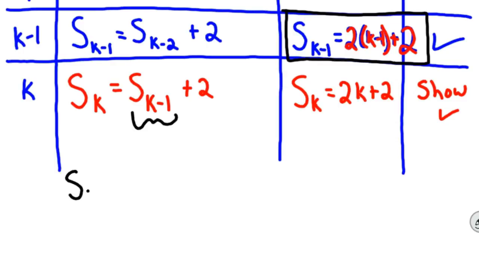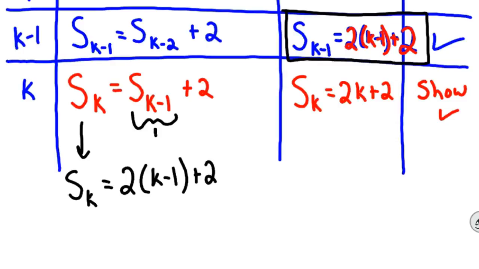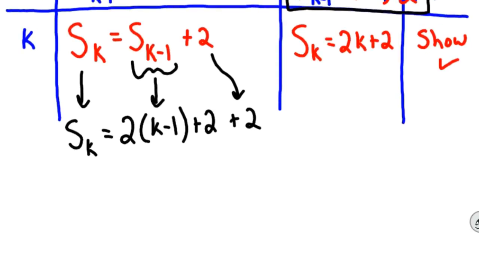So we know S sub k equals, and I'm just bringing everything straight down, and I'm going to use substitution to plug in that S sub k minus 1 from the explicit side, which is 2 times k minus 1 plus 2. That's bringing that down. And then plus 2 brings down the rest of it. And then we're going to simplify that.